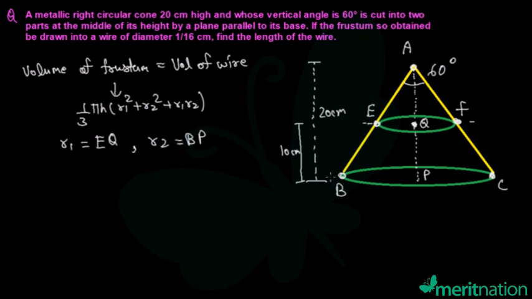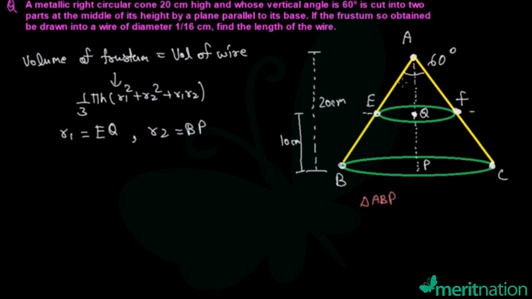In order to find these, I'm going to take the help of trigonometry. If you look at the triangle ABP, it's a right angle triangle. In this triangle ABP, this angle would be equal to 30 degrees. So if I write the value of tan 30 degrees for this triangle, tan 30 degrees would be equal to perpendicular over base, which is BP over AP.